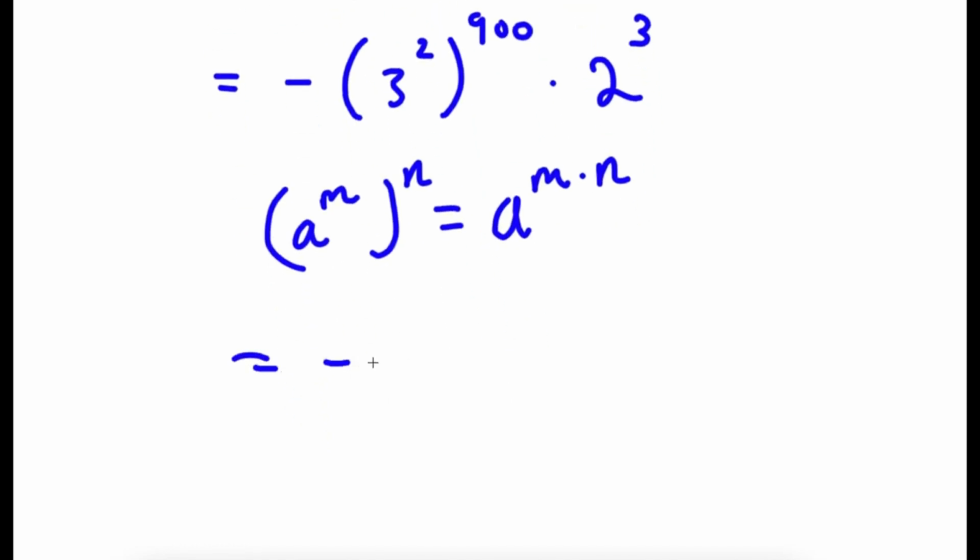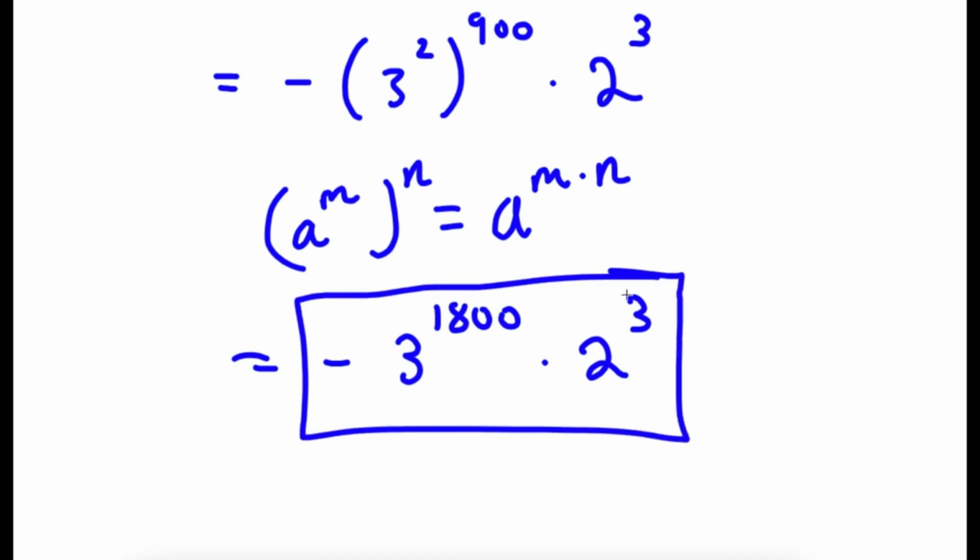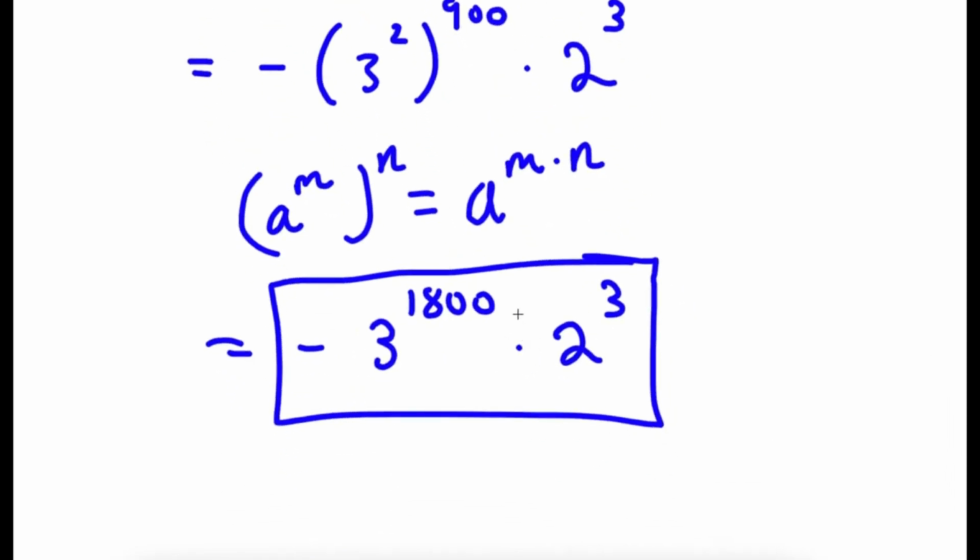So now this is the same thing as negative 3 to the power of 1800 times 2 to the power of 3. So this is my answer to this problem in its most simplified form.